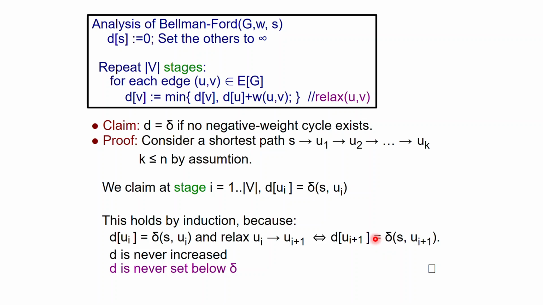Throughout the algorithm, the value d is never increased. So you will never go above delta, and also it's never set below delta. So once you do this once, this value will stay like this forever. It is clear that d is never increased, and it can also be verified that you will never set it below delta.